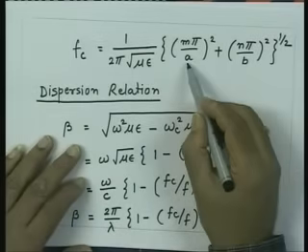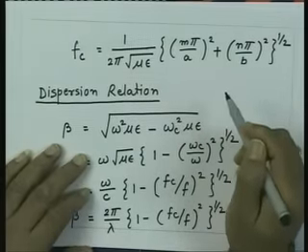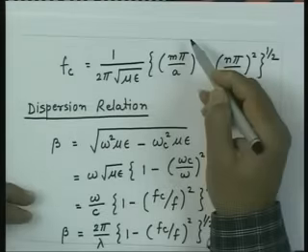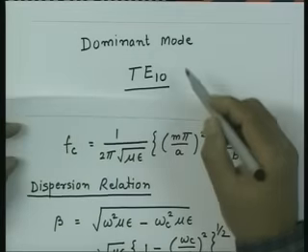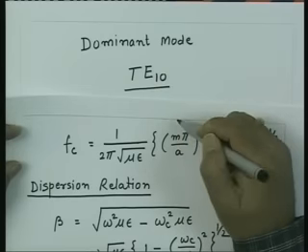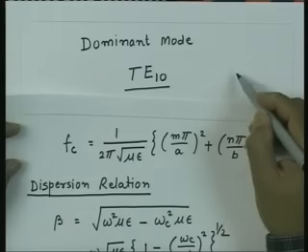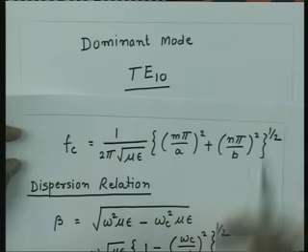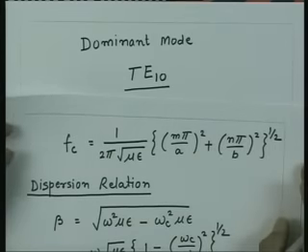One thing we may also note: since the cutoff frequency expression is this, depending upon the values of a and b, it is possible that the TE01 mode may have a frequency which is lower than or higher than the TE20 mode. I can have the TE03 mode lower than the TM11 mode or TE11 mode.